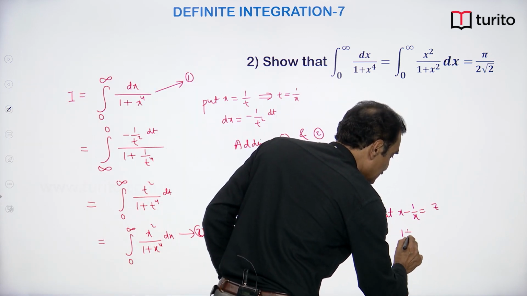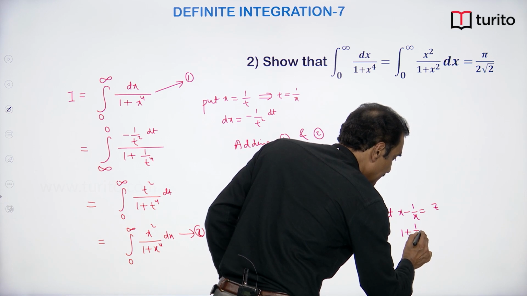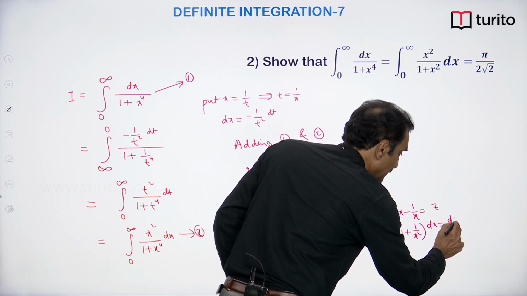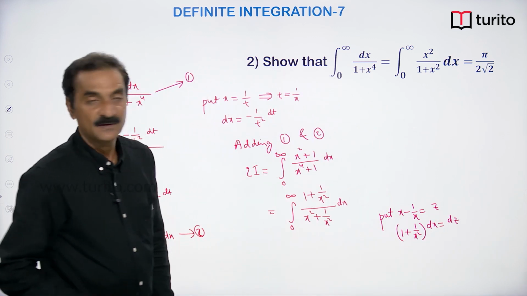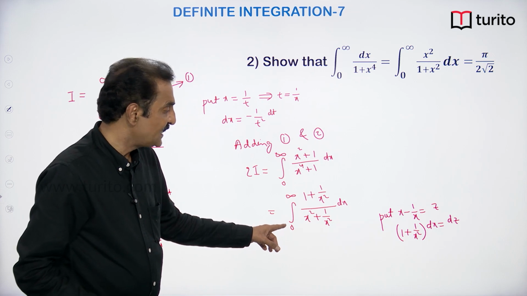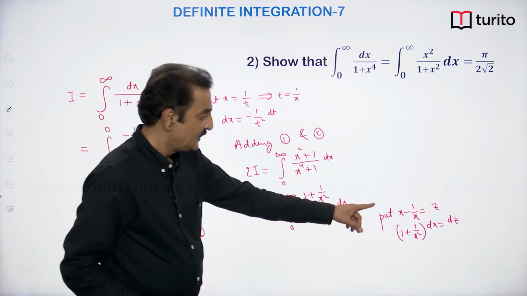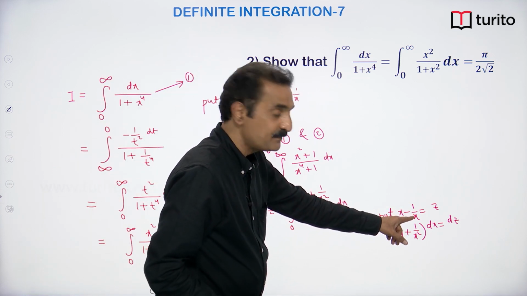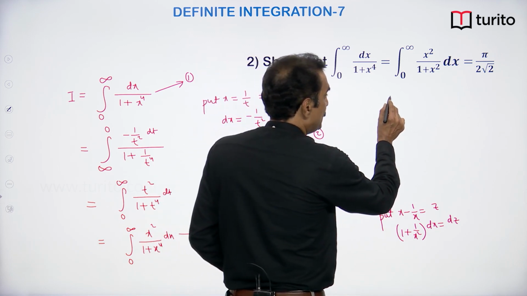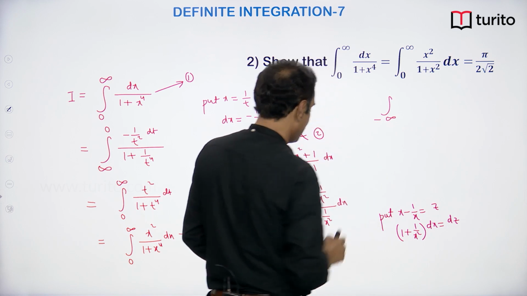Then (1 plus 1 by x square) into dx is equal to dz. Now, what are the new limits? If x is 0 plus, this will be 0 minus infinity, which is minus infinity. So, new lower limit is minus infinity.